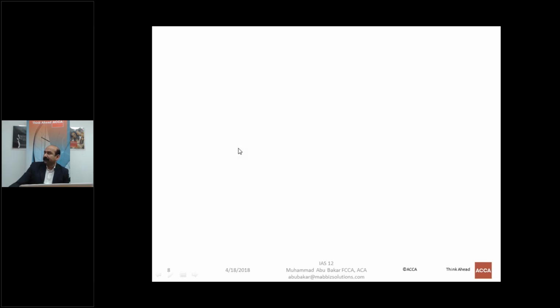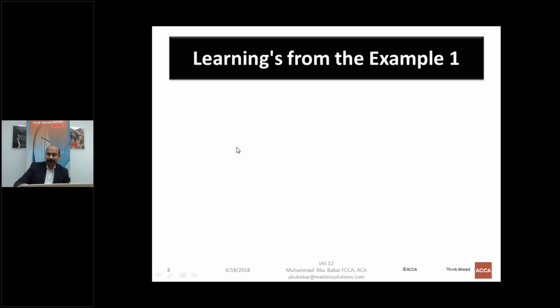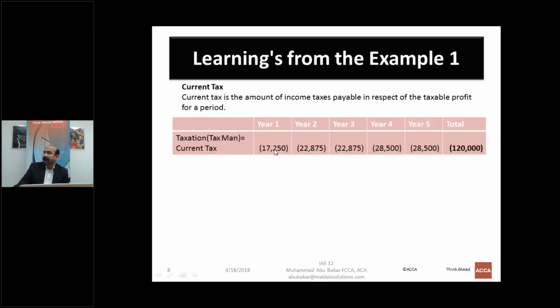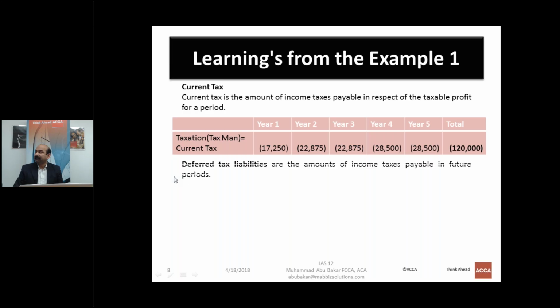So next is what we learned from this example. Current tax is the amount of income tax payable in respect of taxable profit for a year, which we calculated in year 1, year 2, year 3, year 4, year 5, year 6. And what is the deferred tax?